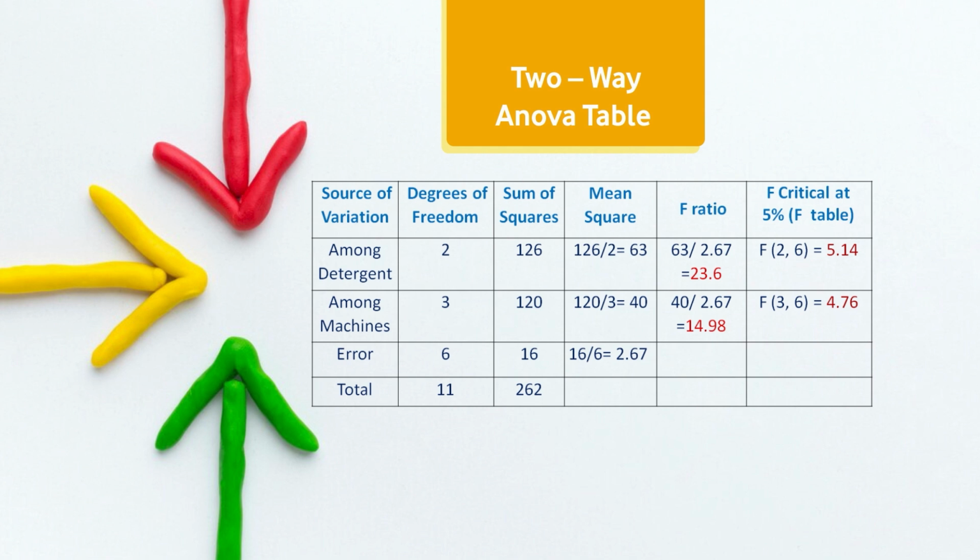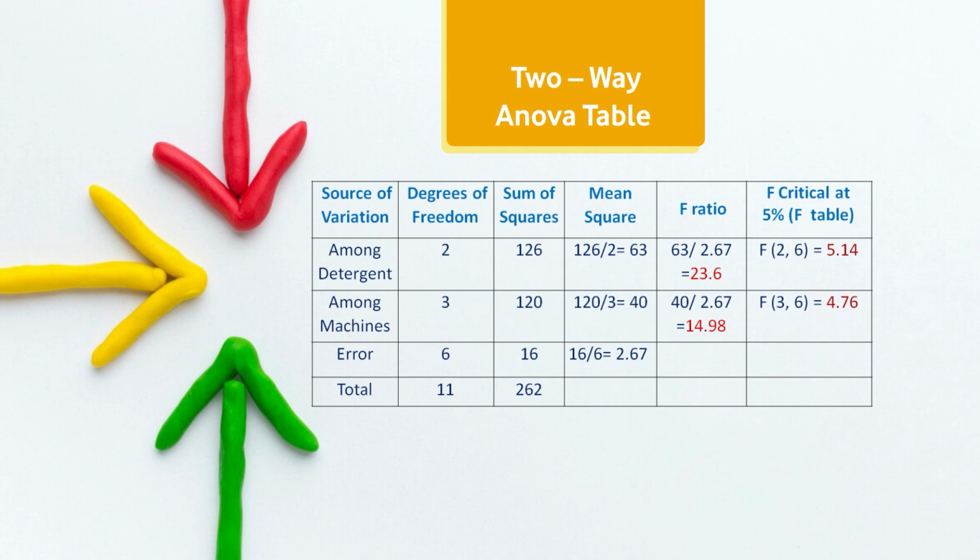Now we also go to the F tables and look up the corresponding degrees of freedom. For the F ratio corresponding to detergent, the degrees of freedom would be 2 and 6. For the F ratio corresponding to among machines, the degrees of freedom would be 3 and 6. With these degrees of freedom, we use the table to find the cutoff value.